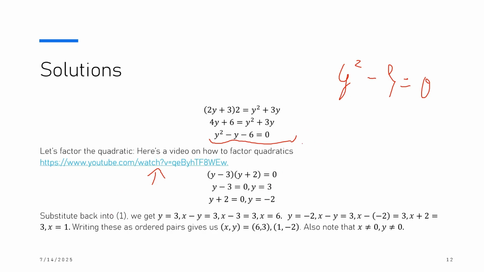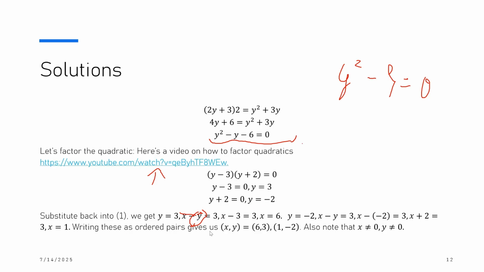So then we can substitute this back to 1. Sorry if it gets a little crammed down here, but our approach is the same. We replace the y with parentheses, plug the 3 in, and we get x equals 6. We do this for this, and we get x equals 1. We do the same thing for y equals -2.